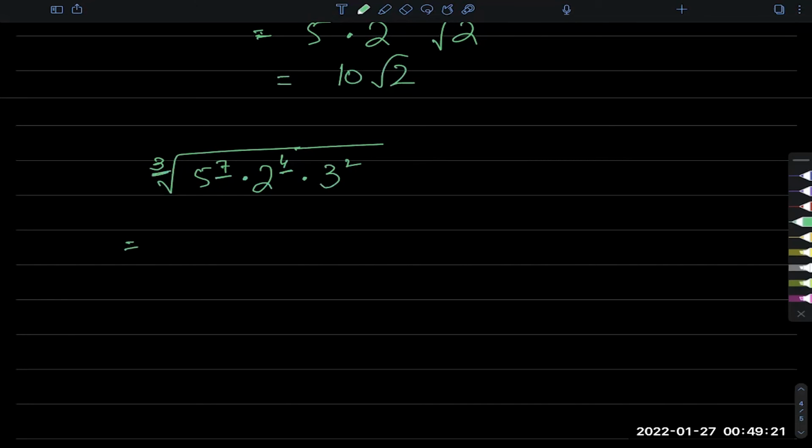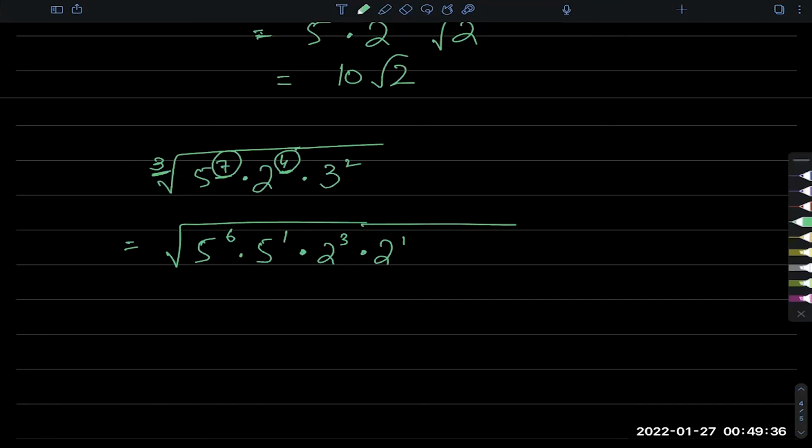So this 7, I can break into 5 power 6 and 5 power 1. This 4, I can break into 2 power 3 and 2 power 1. Why? Because there is at least one number that I can divide by 3. And this I can't break that way, because no matter how I break 2, it doesn't divide by 3.